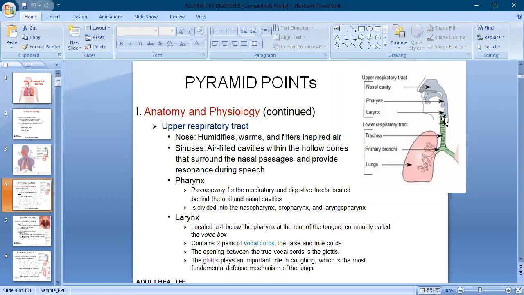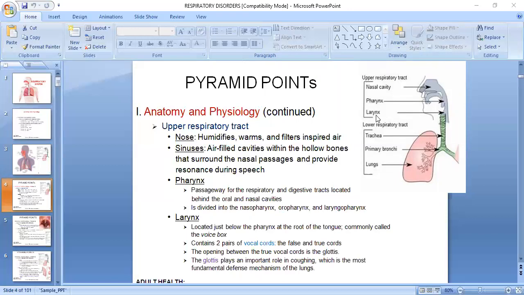And the part of the pharynx close to the larynx is called the laryngopharynx. Here, it is behind the nasal cavity, nasopharynx; in the oral cavity, oropharynx; and this is the larynx, the portion close to the larynx, laryngopharynx.